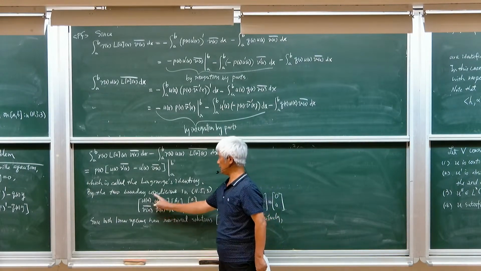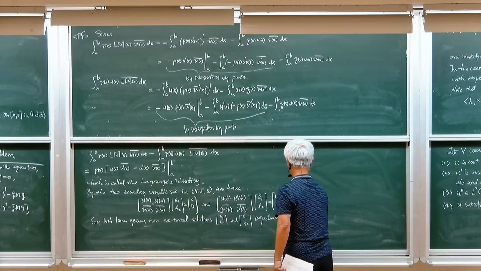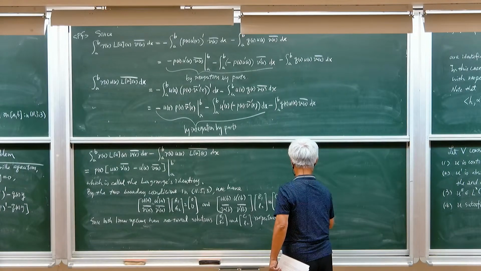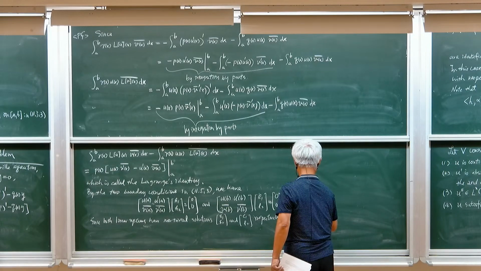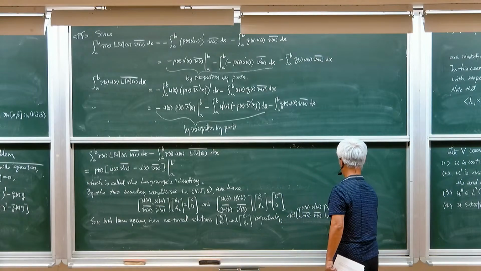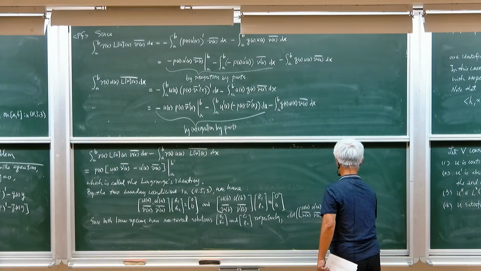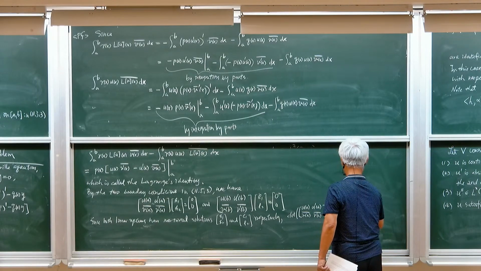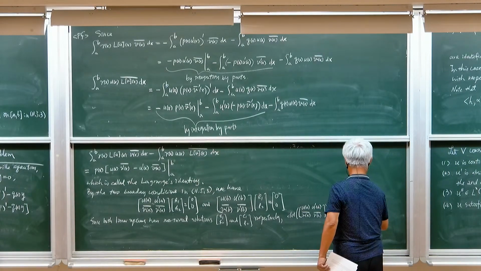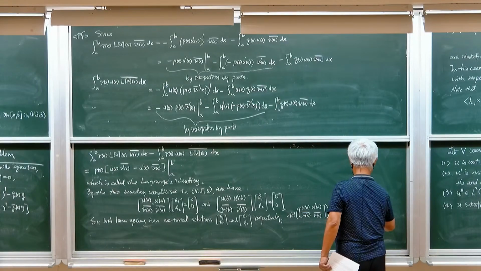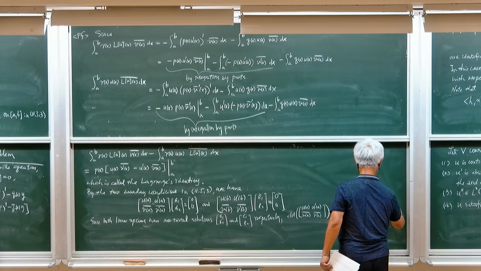Now, so the determinant of this matrix must be equal to 0, and the determinant of u(b), u prime(b), v̄(b), v̄ prime(b) is also 0.